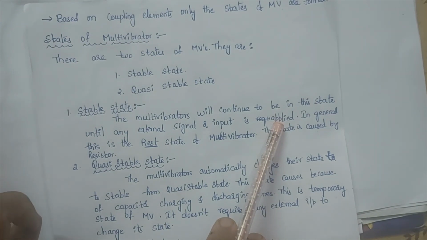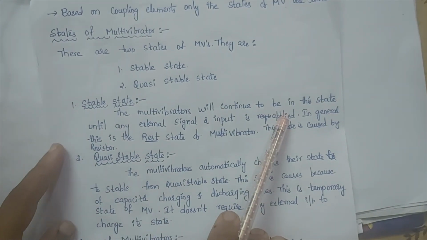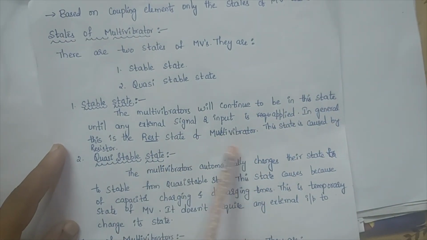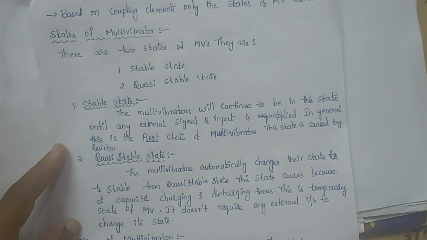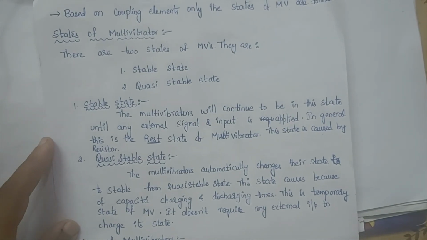In general, the external signal will be called the trigger input. This is the rest state of the multivibrator. It will continue in this state unless a forceful external signal is applied to change its state from the rest state.